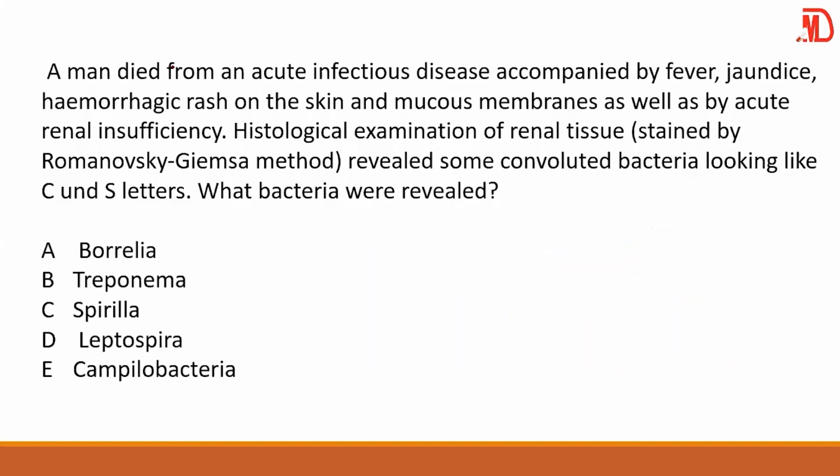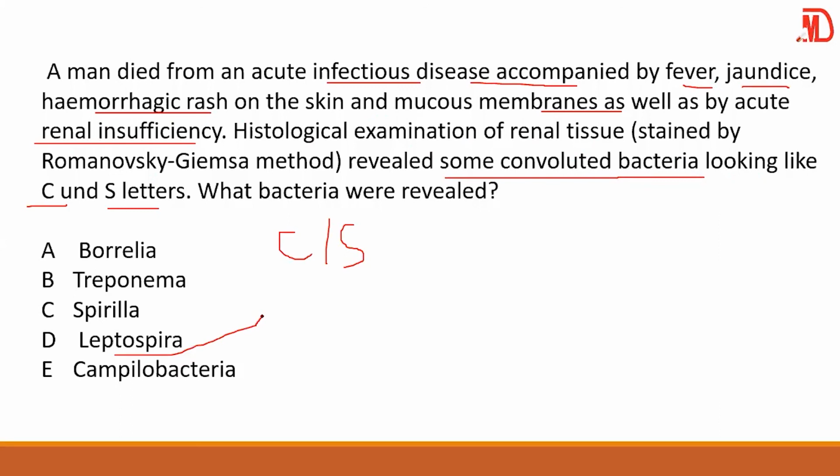Again, this is even easier. A man died from an acute infectious disease with fever. Guys, look at it: fever, jaundice, rashes on the skin and mucous membranes, as well as renal insufficiency. Examination of the renal tubules revealed convoluted bacteria looking like C and S. Again, you are thinking of leptospirosis.